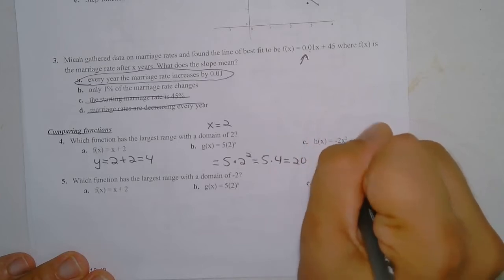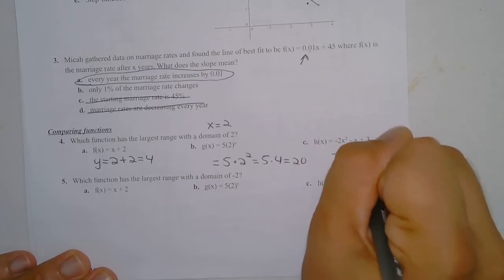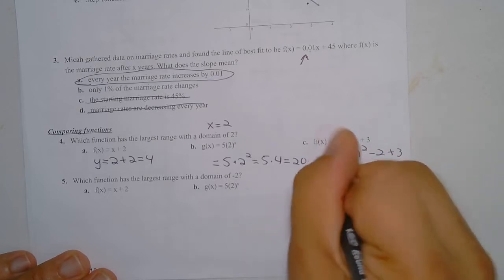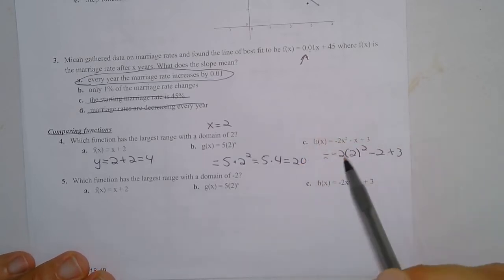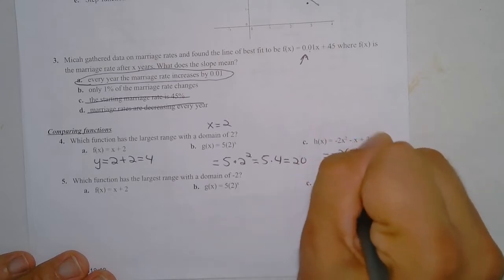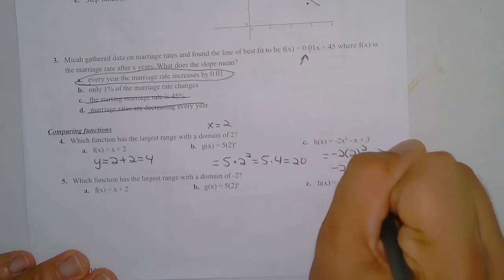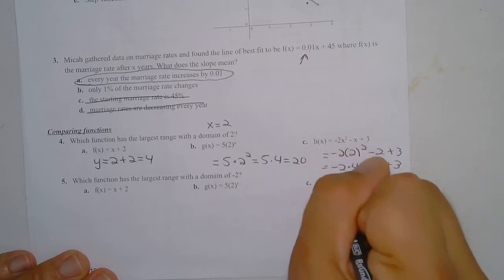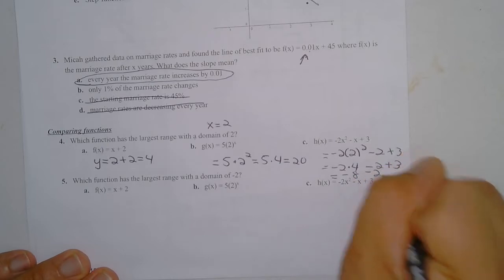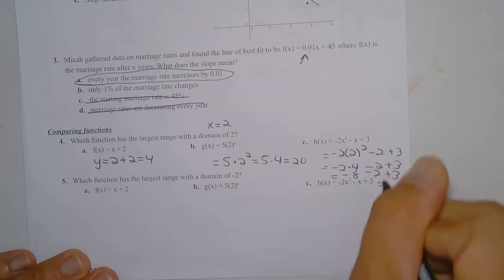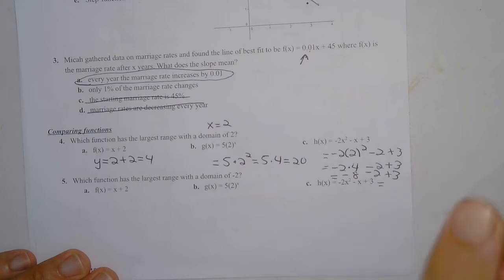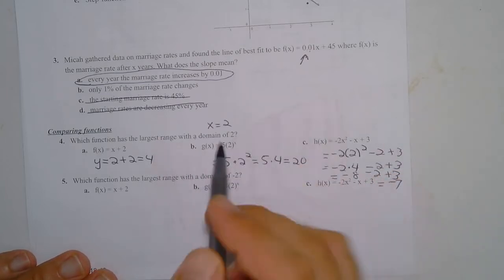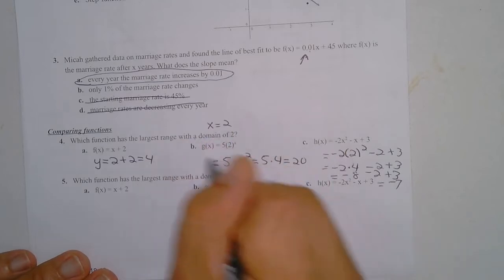Then here we would have negative 2 times 2 squared minus 2 plus 3. So here, 2 squared, it would be negative 2 times 4 minus 2 plus 3. Or that's negative 8 minus 2 plus 3. So negative 10 plus 3 is negative 7. So in looking at the function that has the largest range value at 2, or the largest value, it would be b.